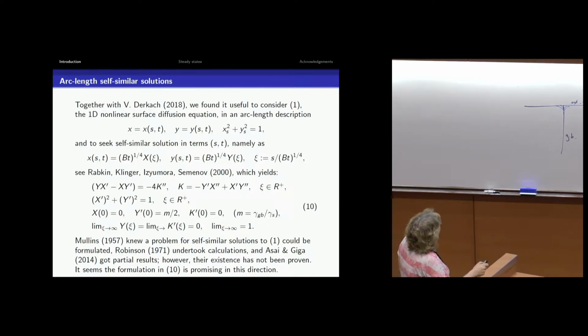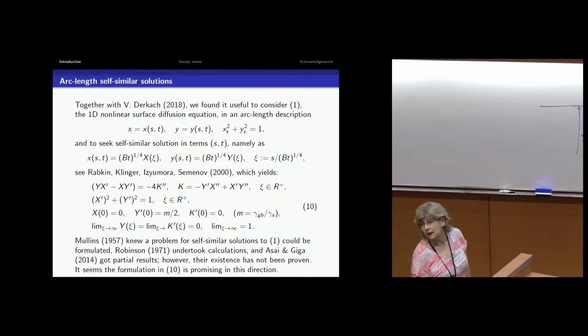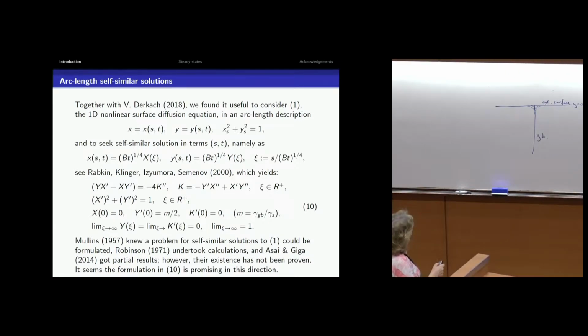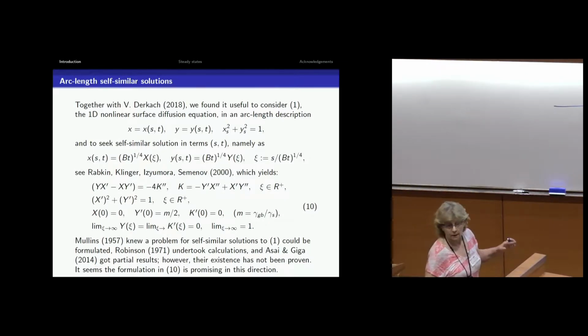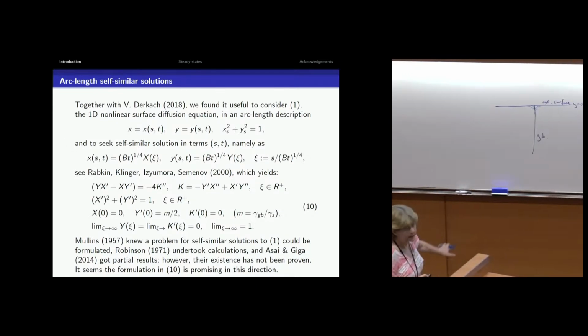And the idea is to know, do there exist self-similar solutions to the fully nonlinear problem? It seems natural in some sense. Mullins knew you could write down an equation for it and get a structure function, if you wish, for the nonlinear problem. But between writing that down and actually proving the existence of one or more solutions, there is work to be done.